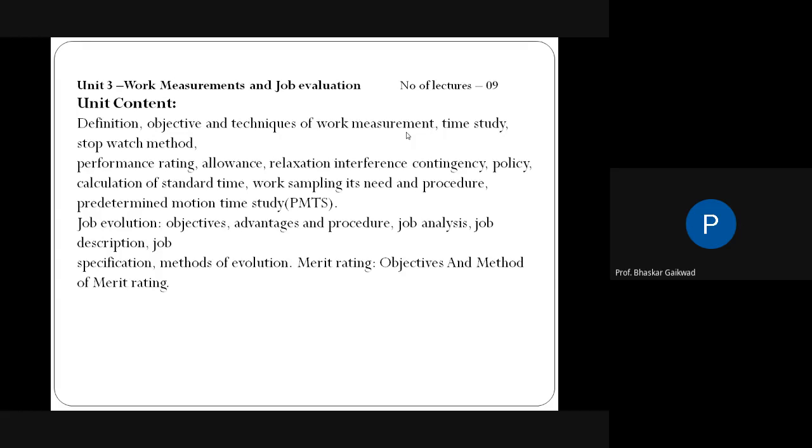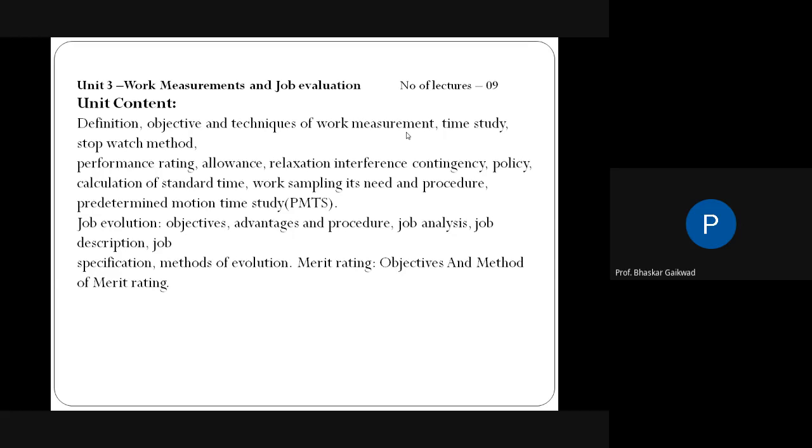Then job analysis is there. Job analysis means one job is there. How many operations are actually required? Lathe operation, milling operation, shaping operation, CNC operation. On these machines, which operation is going to be performed? Pressing operation, turning operation. So we have to analyze this, and you have to give a particular time for each operation.